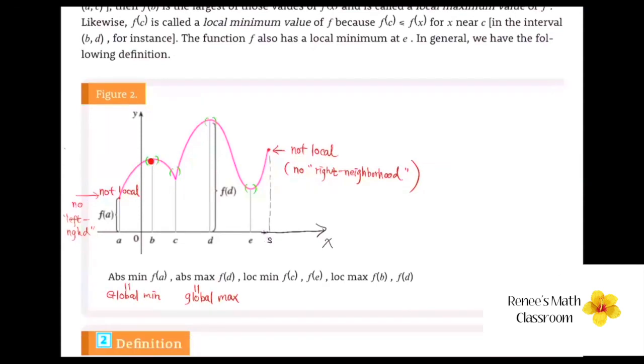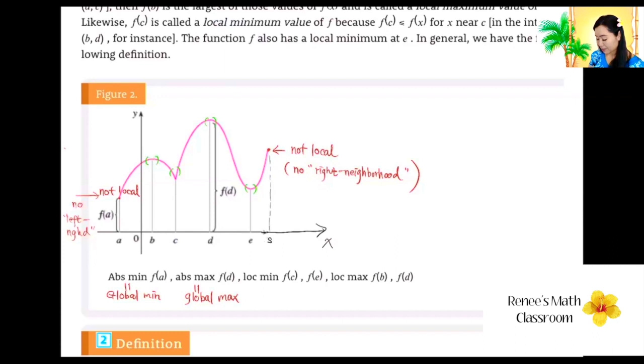The function value at this point is called the local maximum. Locally, this is the highest point. So f of b, the y coordinate at this point, is a local maximum of this function. Similarly, f of d is also a local maximum.